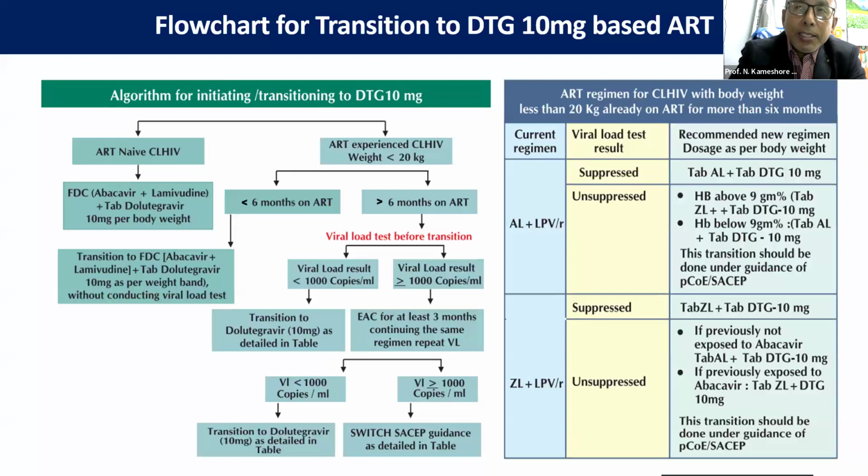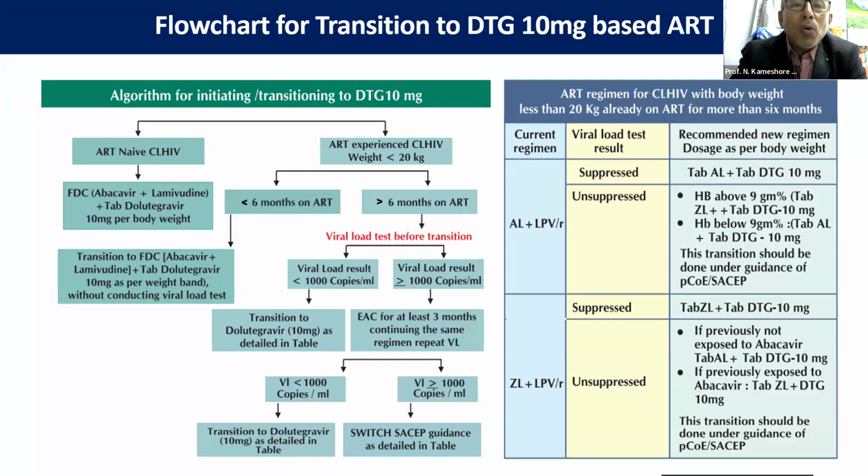If the child is taking more than 6 months of ART, then we have to do viral load before the transition. If the viral load is less than 1,000 copies per ml, then we will do the transition to dolutegravir 10 milligram as per the weight band.